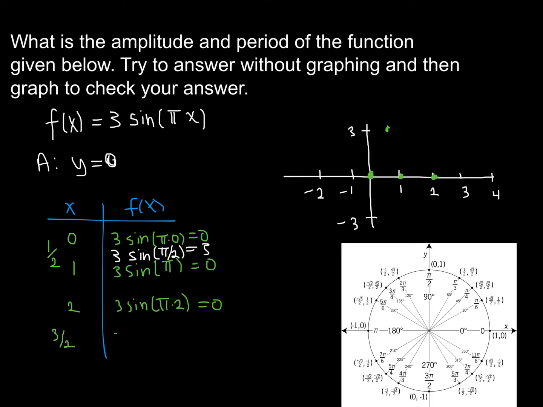So now I'll have 3 sine of pi times 3 over 2, which is 3/2 pi, and that is going to be negative 3. And I can continue, going as such, moving downward.